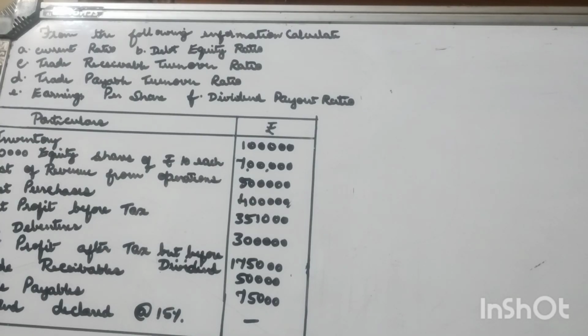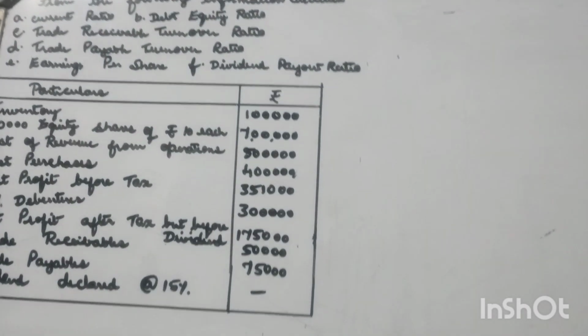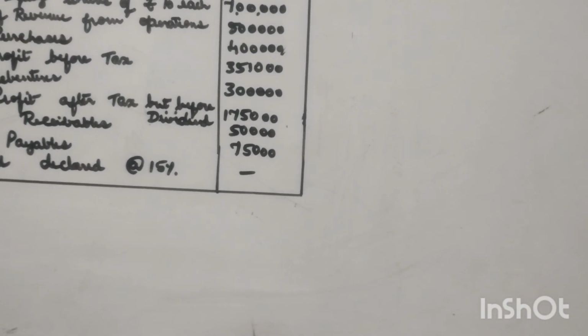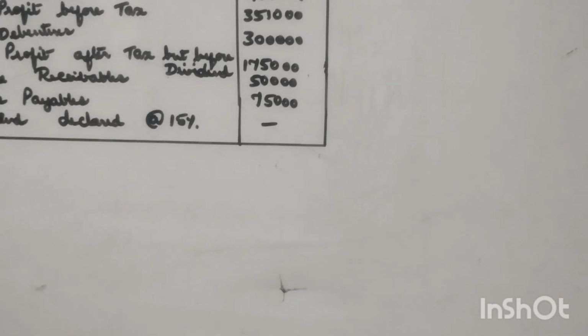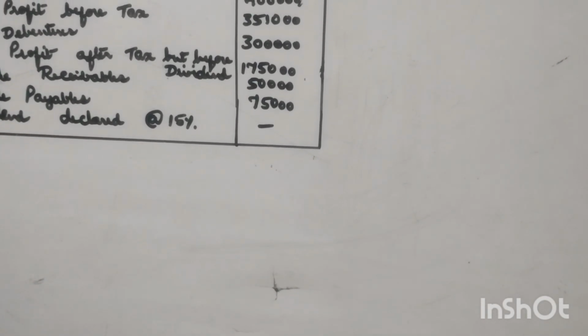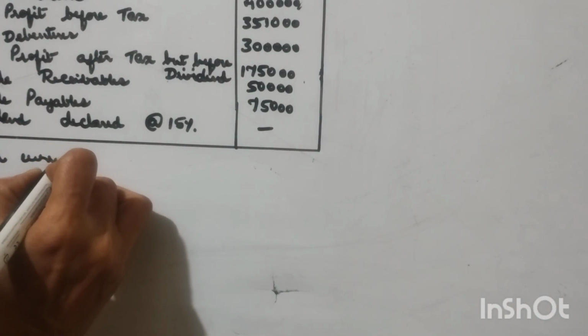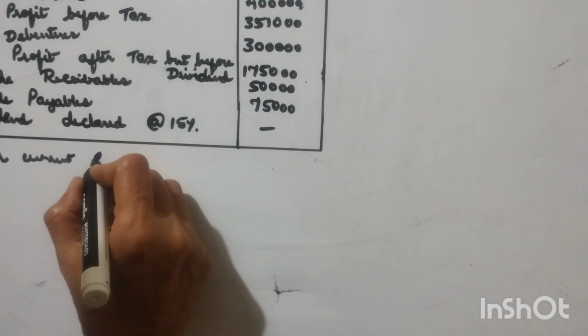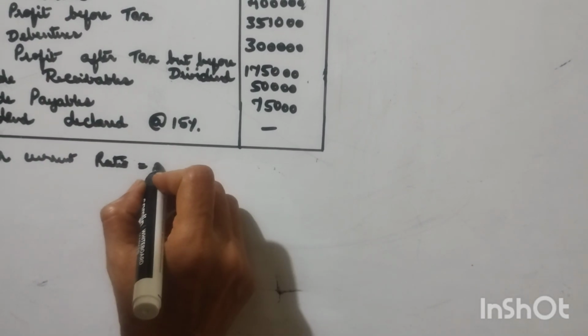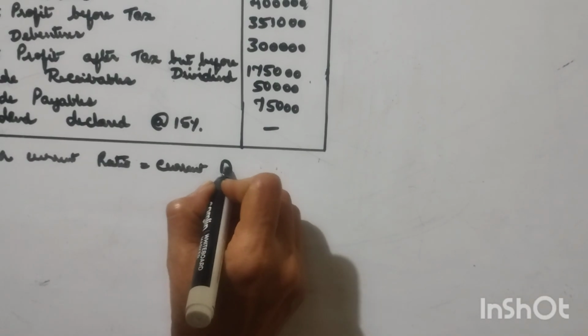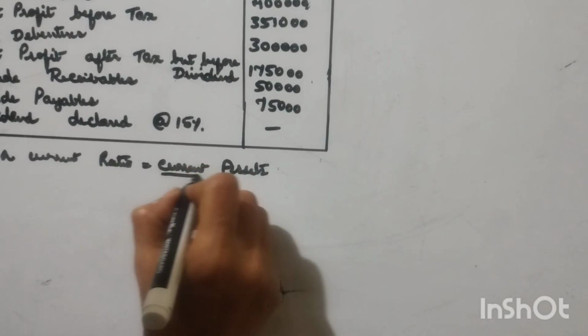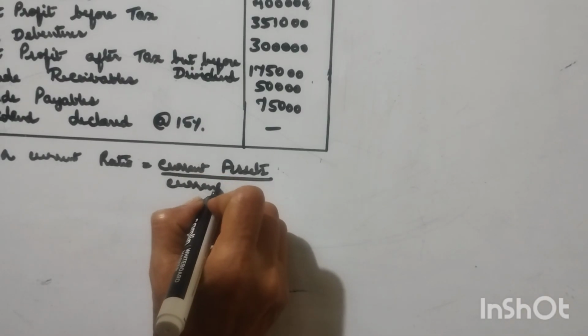First, calculation of current ratio. The formula for the calculation of current ratio is current assets divided by current liabilities.